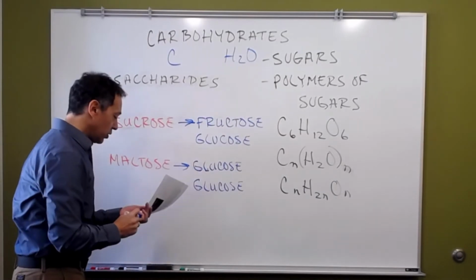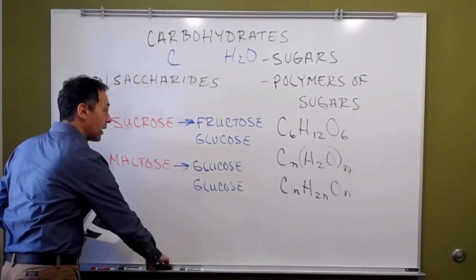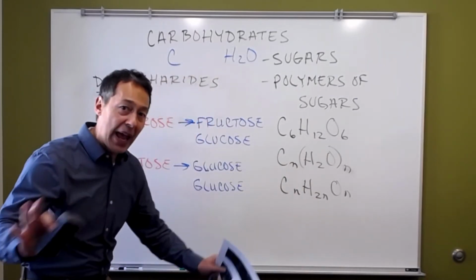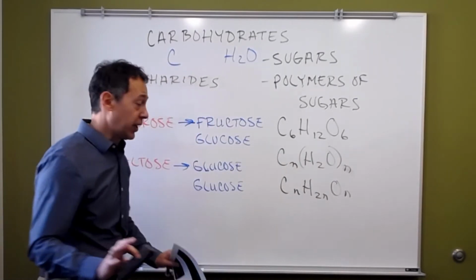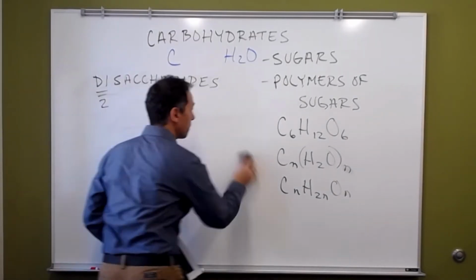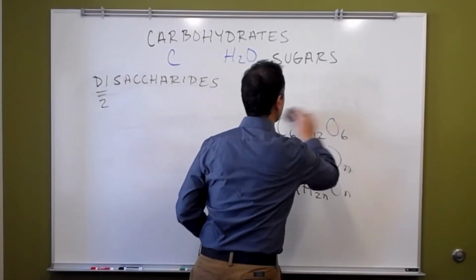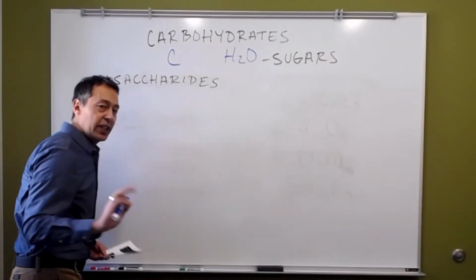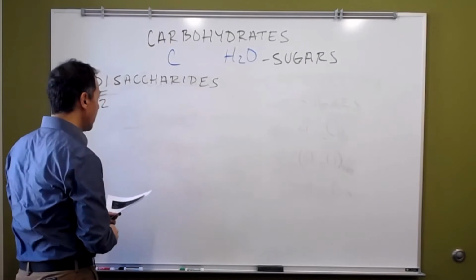Now, what does it look like when we join these things together? Well, I'm going to do it diagrammatically. This is not perfect, so it's just a simplification of the kind of linkages that join these monomers together.